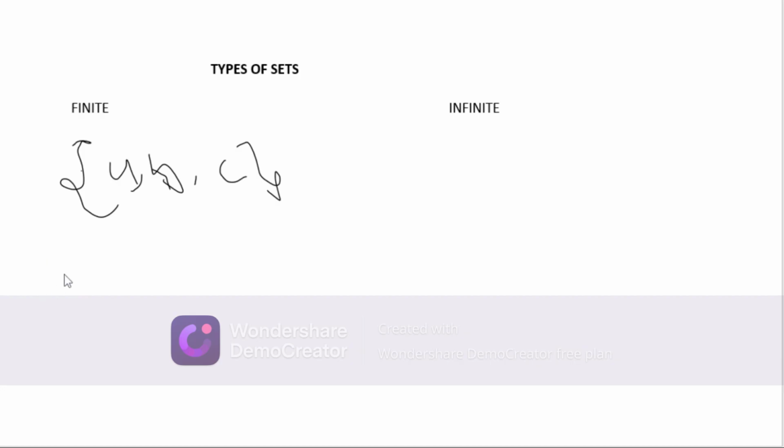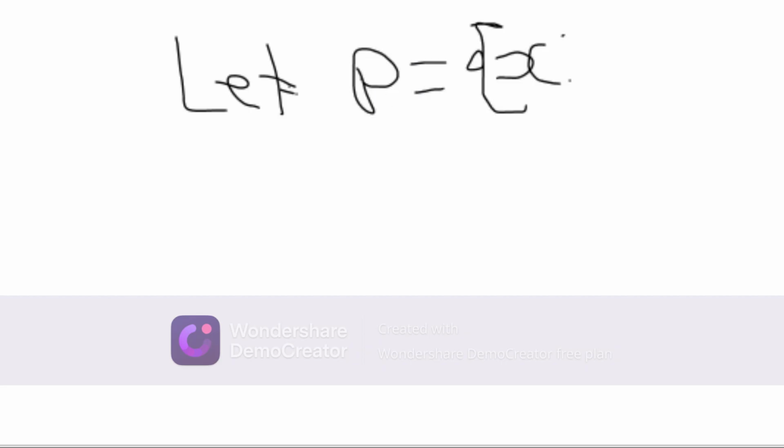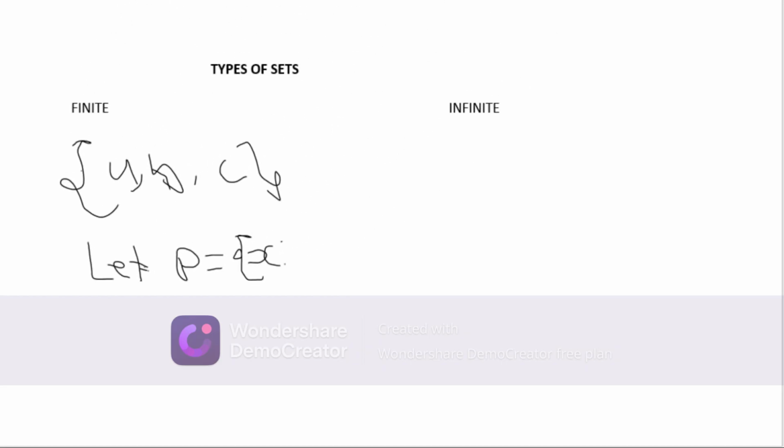Another example that we can have is, we are given P to be the rivers on the earth.